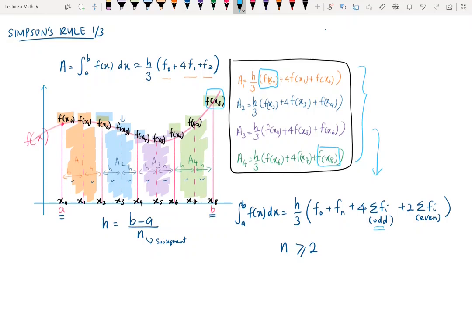Function F yang ganjil ni lah f(x1), f(x3), f(x5), f(x7). Dan yang kat sini kita akan kira even lah, Fi even maksud sini adalah f(x2), f(x4), f(x6). Yang pertama tadi F0 dengan F terakhir tadi daripada itulah. Jadi how to use this general formula kita akan tengok dalam contoh nanti.